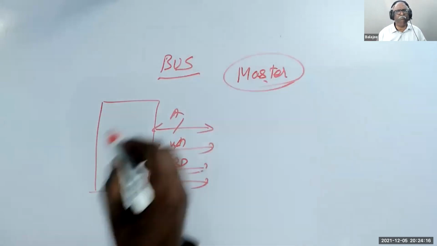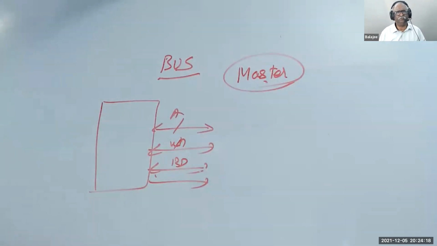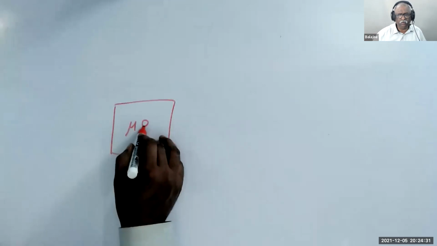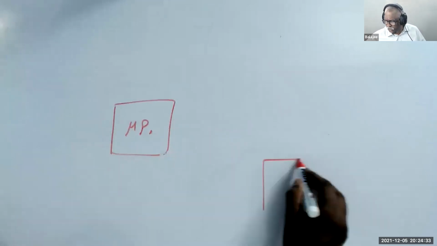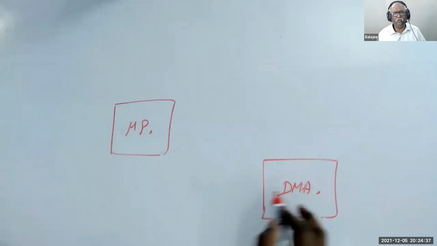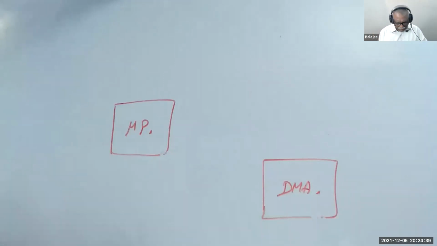There's something called bus master. That's a trick. There are two types of people we discussed who can be a bus master. One is your microprocessor. The other one is your DMA.